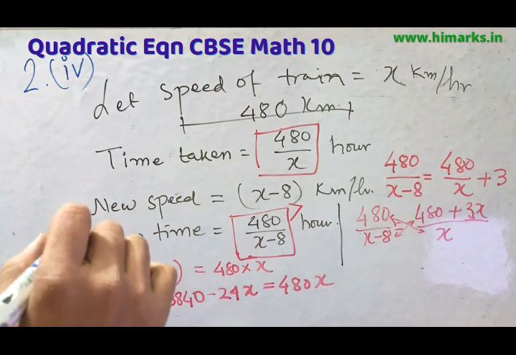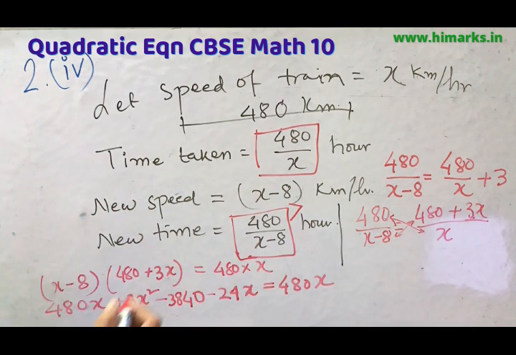This side is 480x. Okay, so let's put it in a good order. Put the 3x square in the beginning, then 480x.